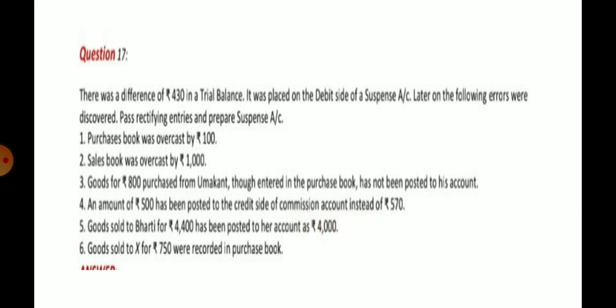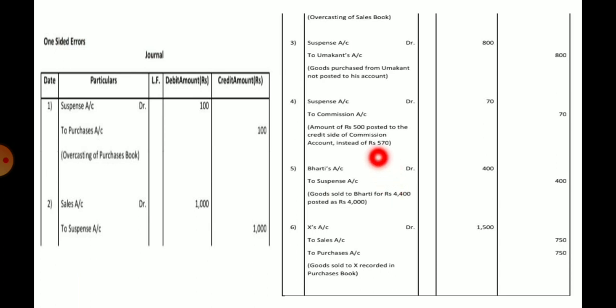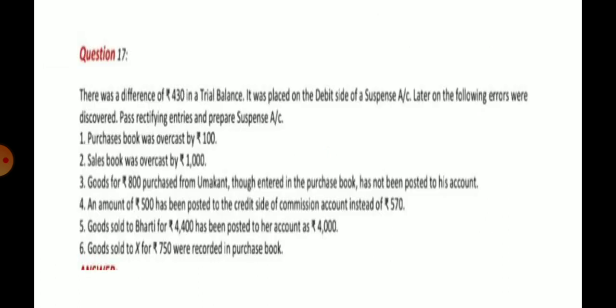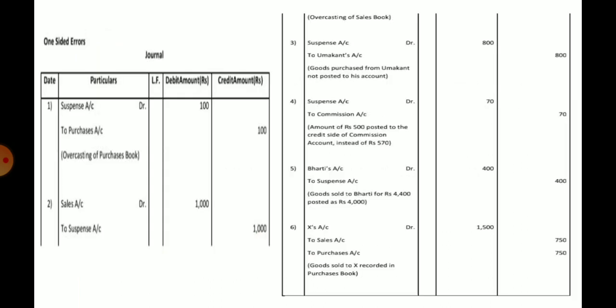So what will be the entry in this? Suspense to commission account. Why is only 70 rupees entered? Because 500 is already posted and only 70 rupees is remaining. Okay. Now the goods sold to Bharti 4,400 has been posted to the account as 4,000. It is an understatement. So now Bharti is debited, to suspense account. Okay.